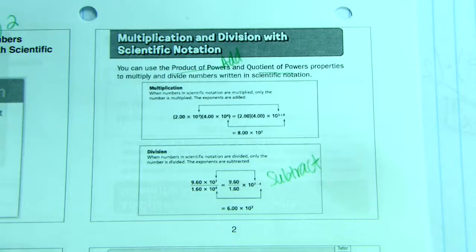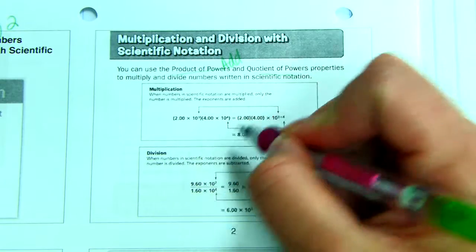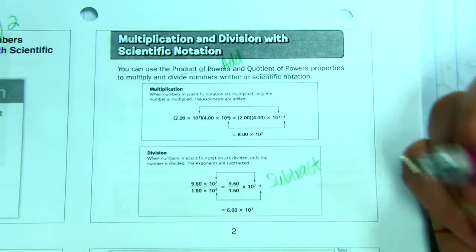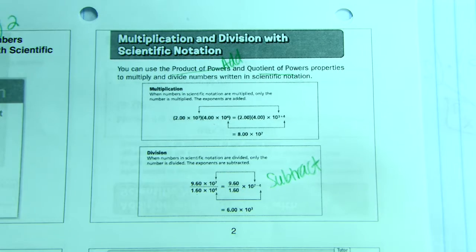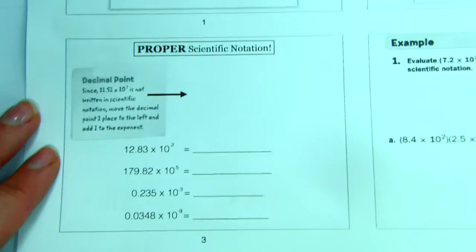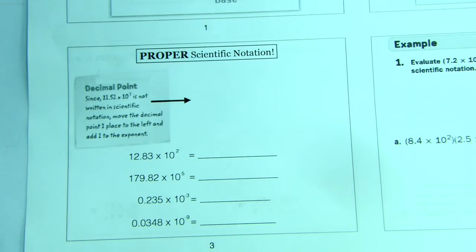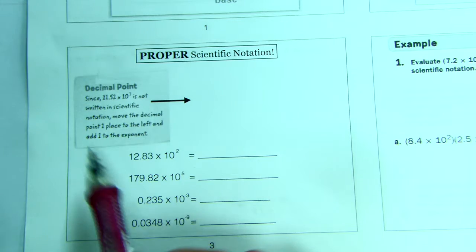We multiply or divide the coefficients. We just have to make sure our final answer is in proper scientific notation.